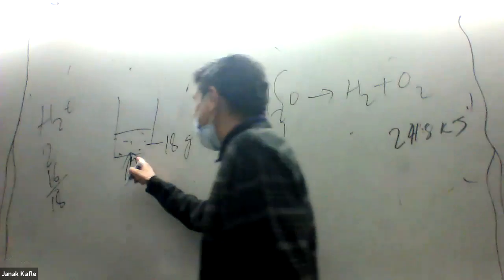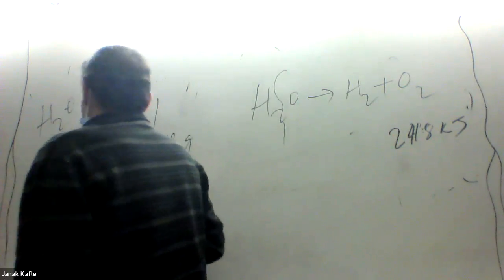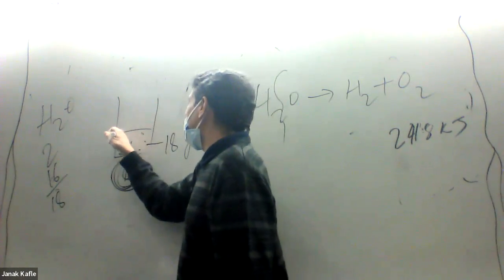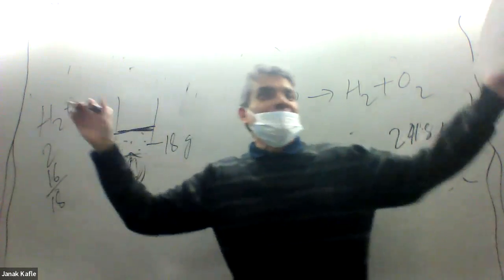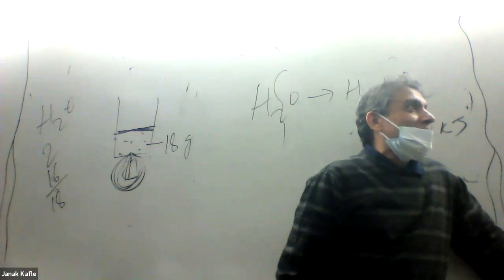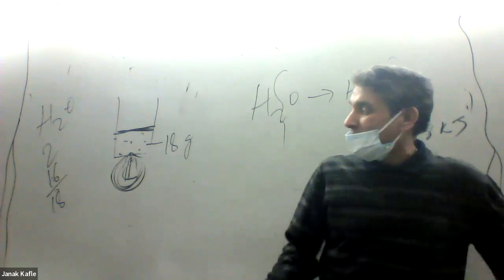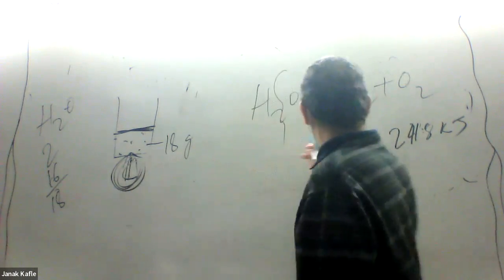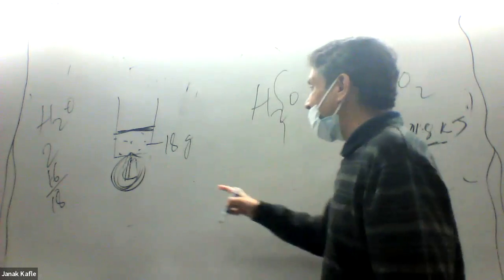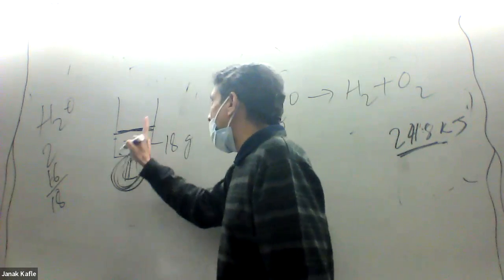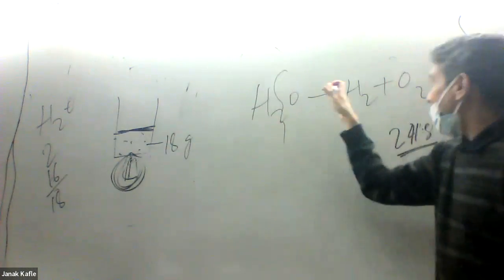So I put this in a heater here, and I keep heating. I just block this by putting something there, a non-explodable thing. So I keep heating, keep heating. When I put this 241.8 kilojoule of heat from here to here, all this water breaks into hydrogen and oxygen.